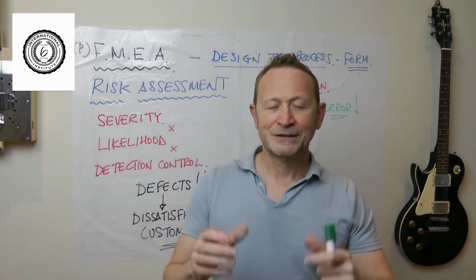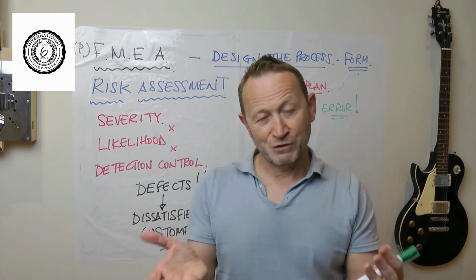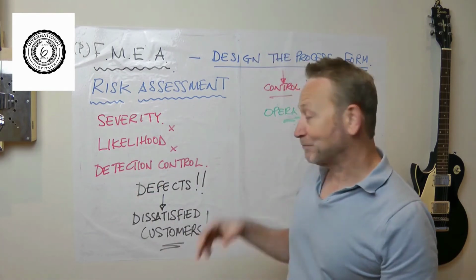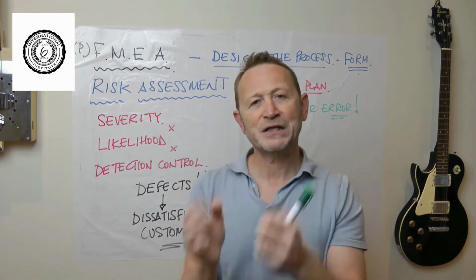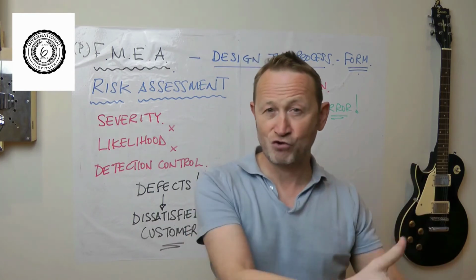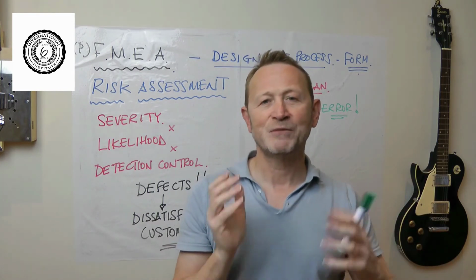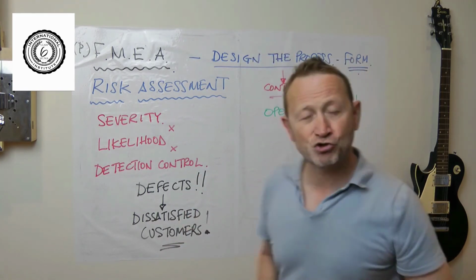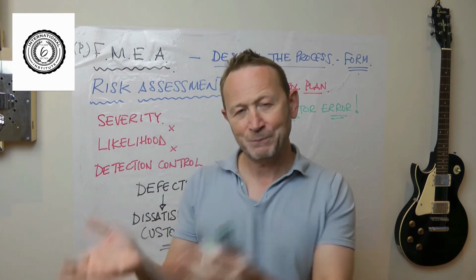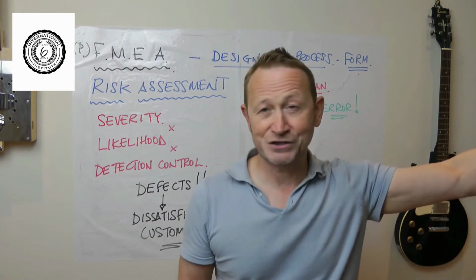Operator error. Now then, why do I want you to avoid the phrase operator error? Not because operators don't make mistakes, but typically if you write operator error down, the control is very weak, because what we tend to say is we'll train that person. That doesn't fix the problem. That person could be trained and they could take the day off.